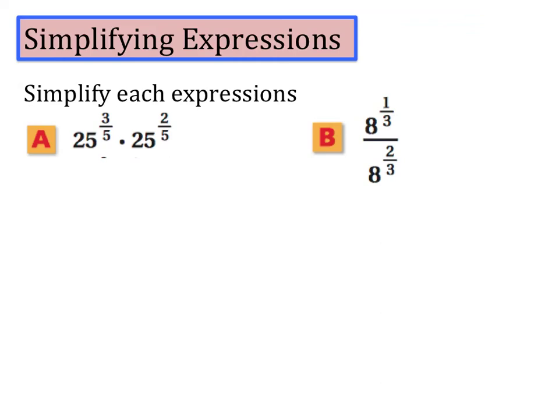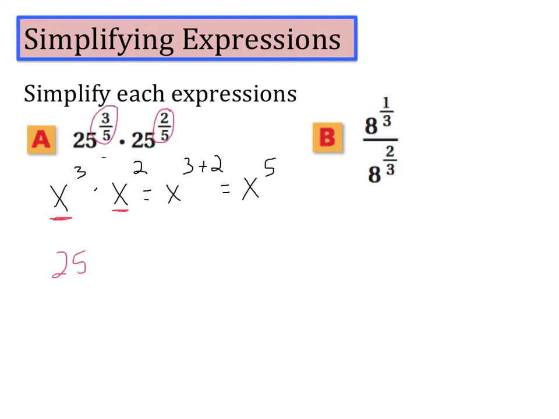Now when we're simplifying expressions, we want to think about all of the exponent rules that we've learned in the past. So for example A, we have 25 raised to the 3/5 times 25 raised to the 2/5. So think about this as regular exponents. Let's say we had x raised to the 3 times x raised to the 2. We know that x and x are the same base, so all we have to do is add the exponent values. Same thing for rational exponents.